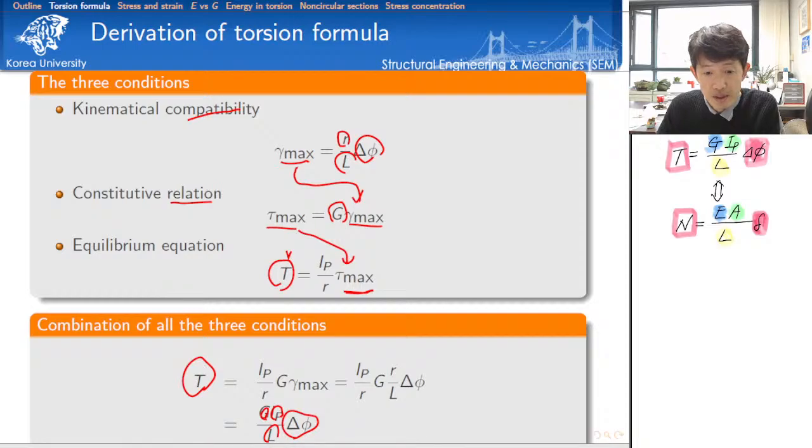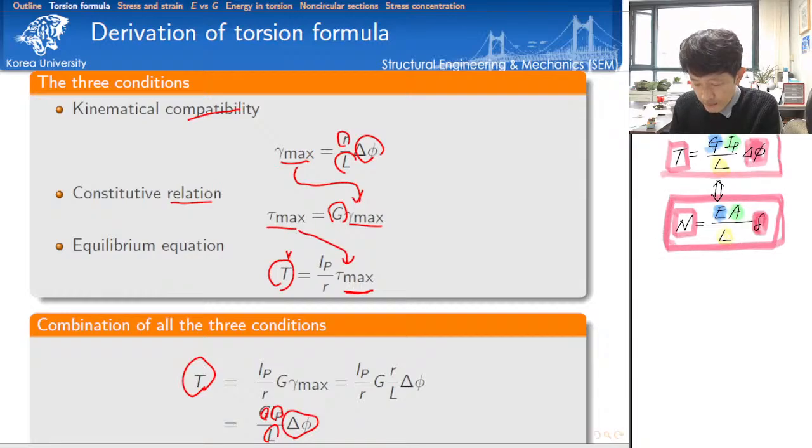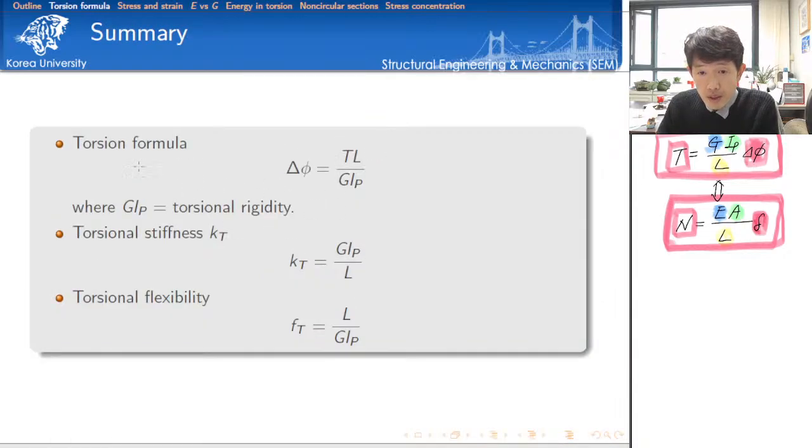Do you have any questions? Which means once you memorize the second equation, as we discussed in chapter 2, we can memorize the equation for the torsional moment very easily. And this equation is called the torsion formula, okay?